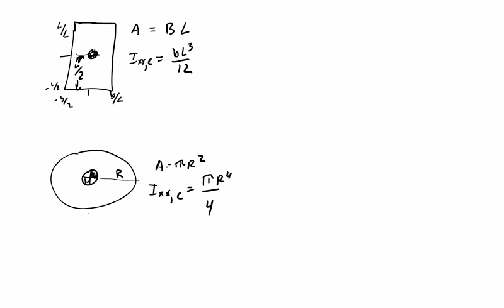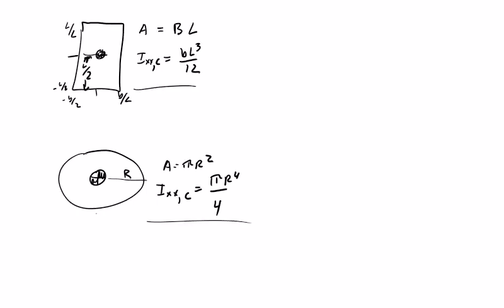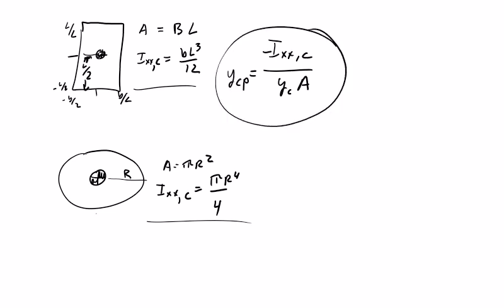So it gives you these formulas in the book, which means you can just look up IXX at the centroid. You can use its formula, which is IXX at the centroid over YC times A, and you put that minus, and you say YCP, and all you have to do is remember that this minus is telling you down, down with gravity, all right?